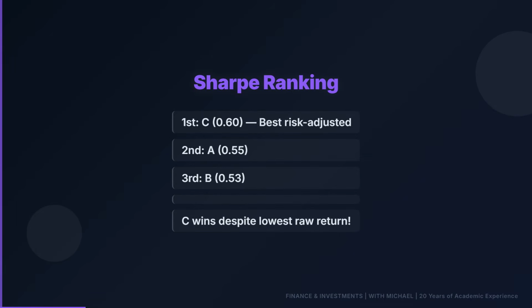For security B, Sharpe equals 5 minus 2 divided by 5.7. That is 3 divided by 5.7, which equals 0.53. For security C, Sharpe equals 3 minus 2 divided by 1.41. That is 1 divided by 1.41, which equals 0.71.